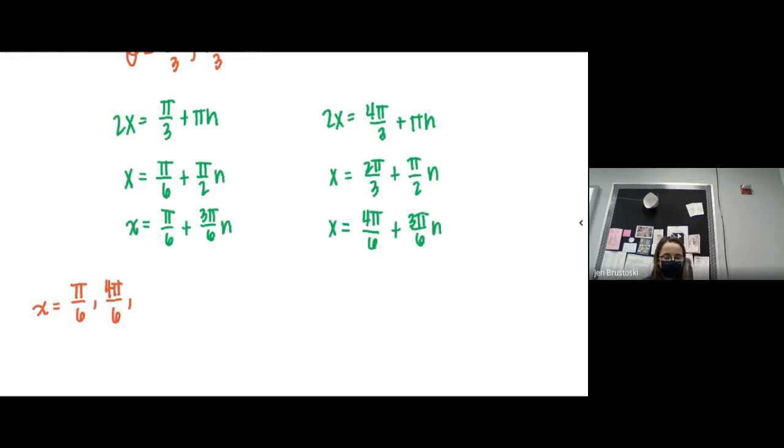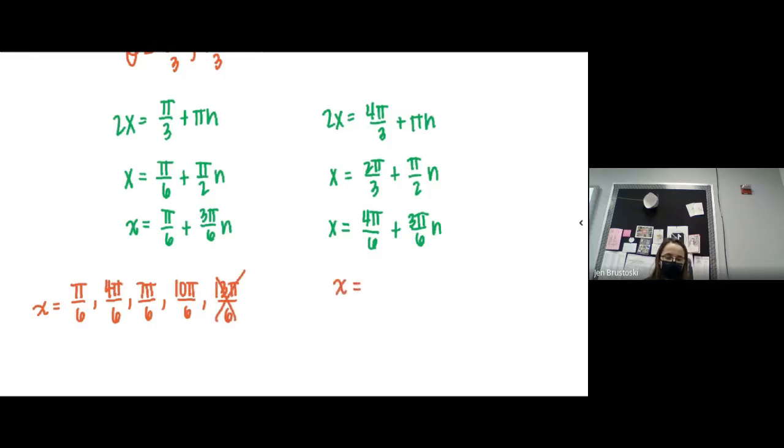Beautiful. Then what? 10 pi over 6. And then the next one is 13 pi over 6. Is that between 0 and 2 pi? No. All right, we'll do the same thing for 4 pi over 6.